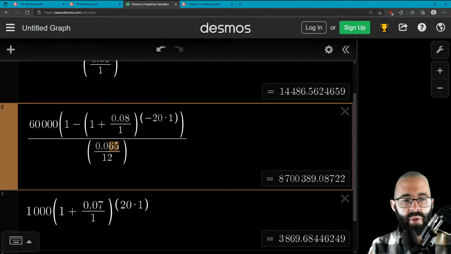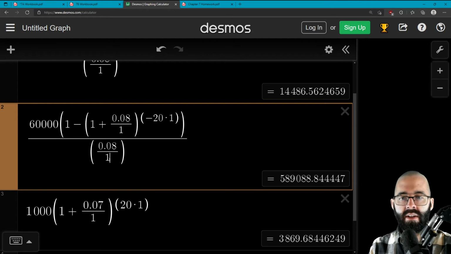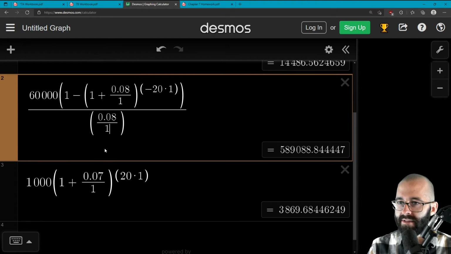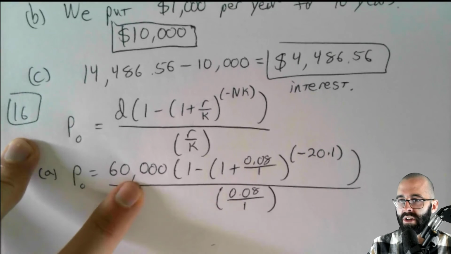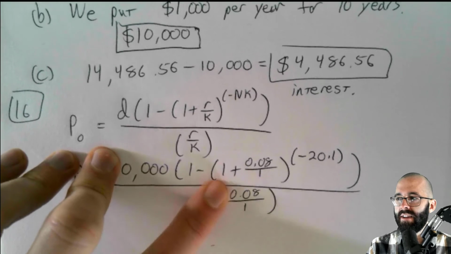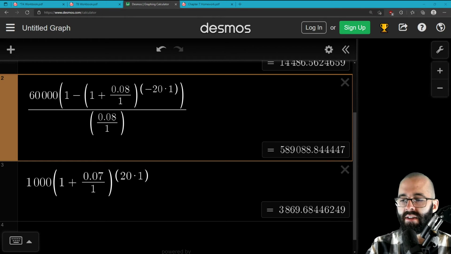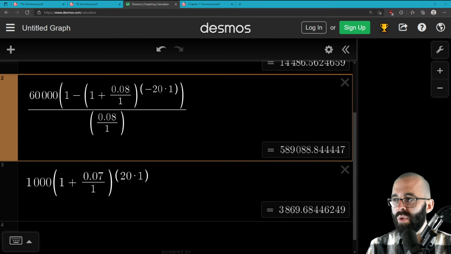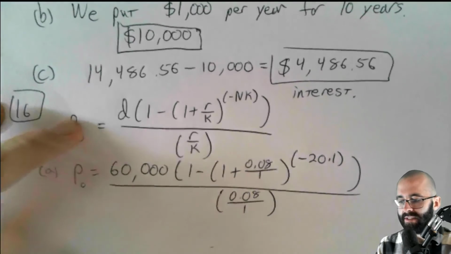And the bottom is 0.08 and 1. Before we write down our answer, we look back at our paper and make sure that our paper looks exactly like what's typed into the calculator. Once we've verified that, we write down our answer.